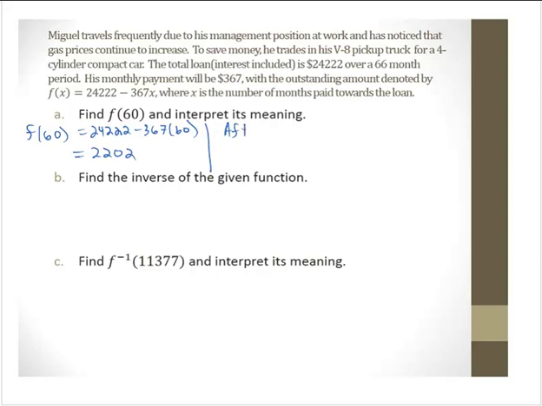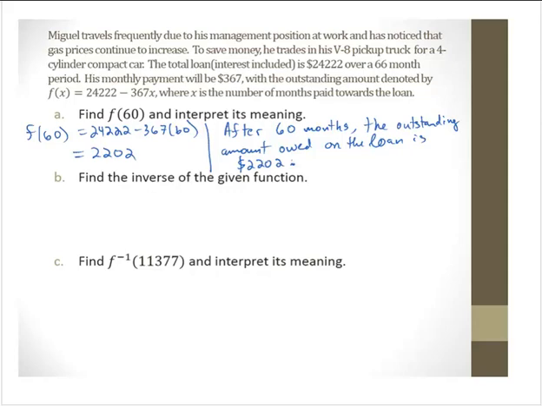After 60 months, the outstanding amount owed on the loan is $2,202.